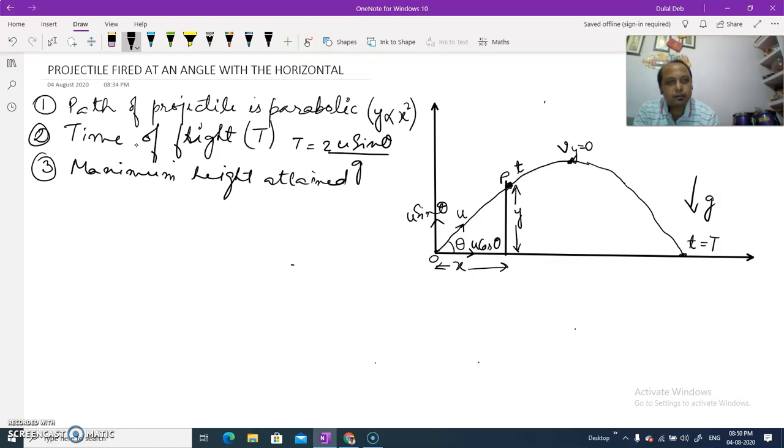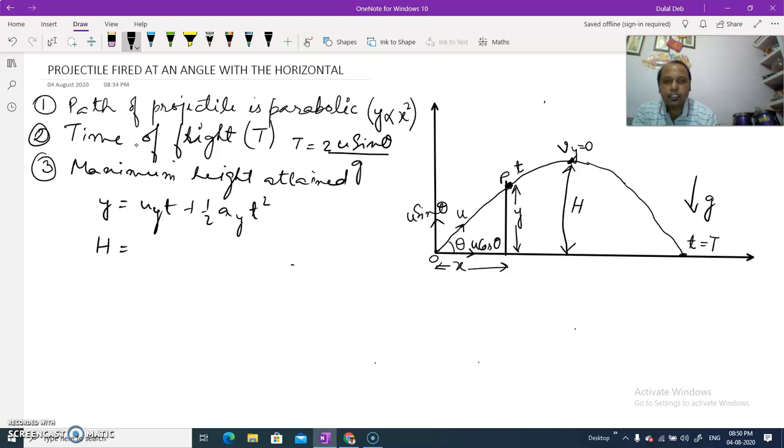To find the maximum height attained, let it be given by h here. It is the vertical displacement, maximum vertical displacement. So y is equal to Uy t plus half Ay t square we are going to take. So the values we are going to put here quickly. H for y, the maximum height is h.